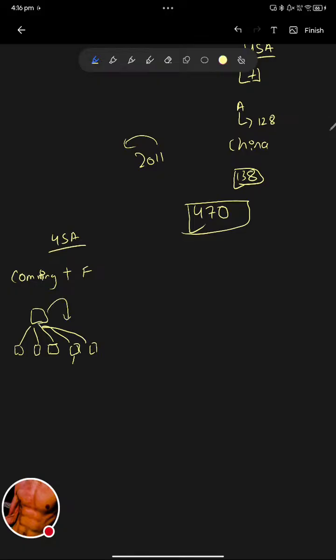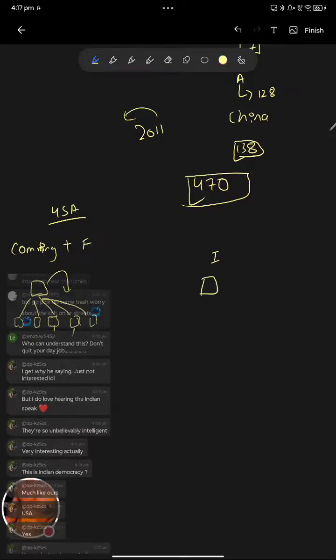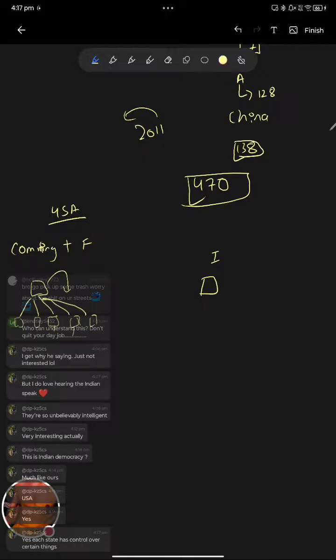But every state can make their own laws, and each state has its own flag. That is the whole US ideology. Other countries don't give this much freedom to any state. In India, you have a main center. Ours is not a coming-together; each state has its own control.